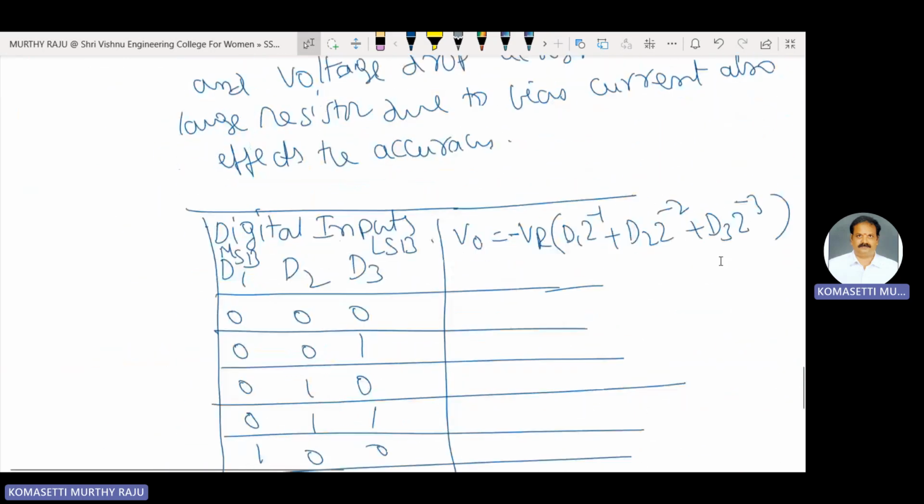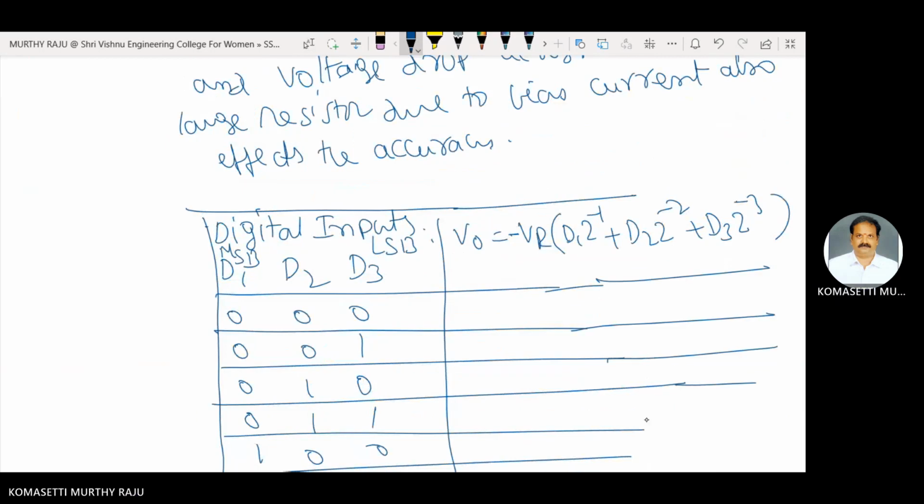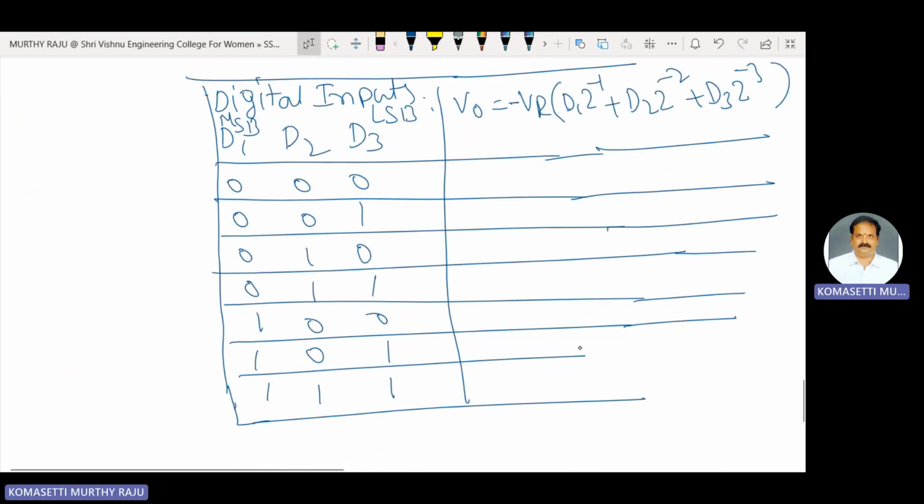Only 3 digital bits are taken, D1, D2, D3.